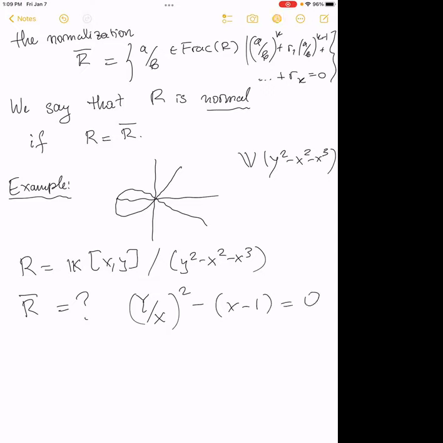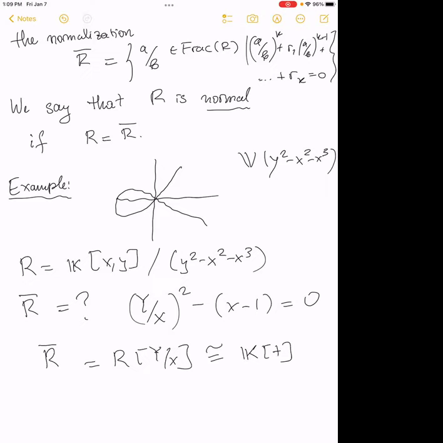This is an integral dependence relation for y divided by x. We don't have a degree 1 part, we have a degree 0 part, x plus 1, which is just a polynomial function on our original curve. And then it turns out that R bar is R adjoin this fraction, which is isomorphic to a polynomial ring in one variable.